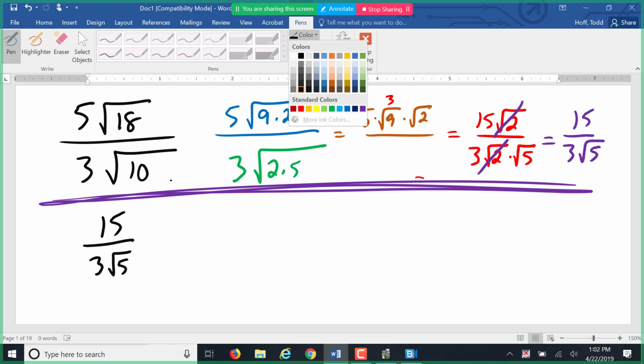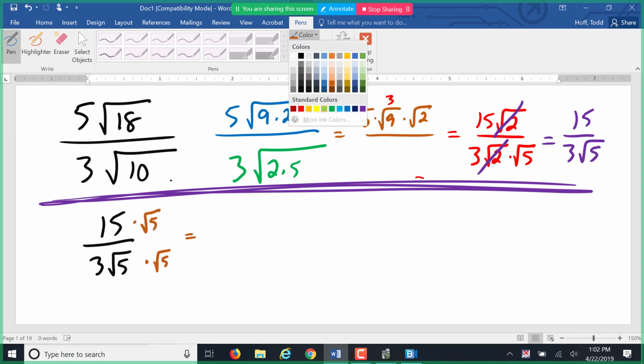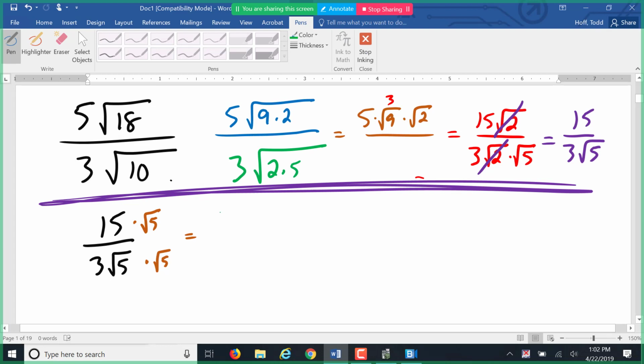Now that I've reduced it, however, we can rationalize it. I have the square root of 5 in the denominator. I'm going to multiply by the square root of 5. 15 times the square root of 5 is 15 times the square root of 5. 3 root 5 times root 5, you can think of this, 3 times 1 is 3.